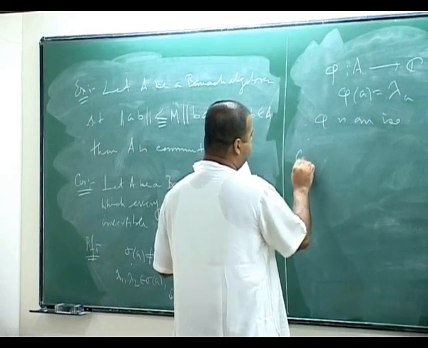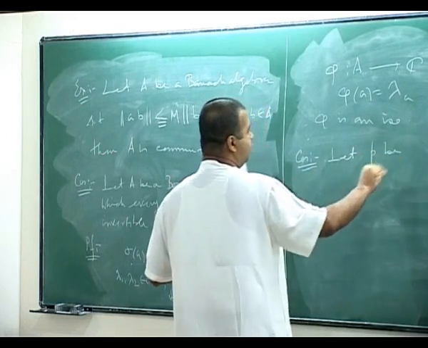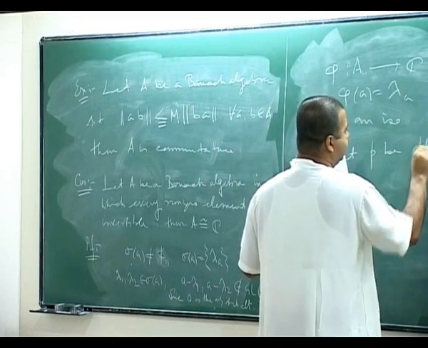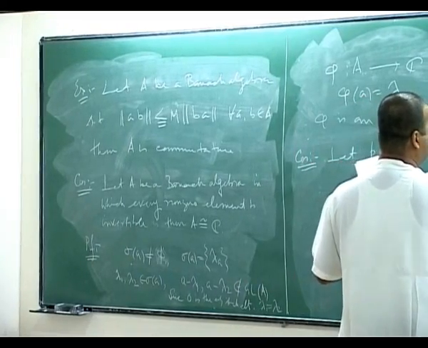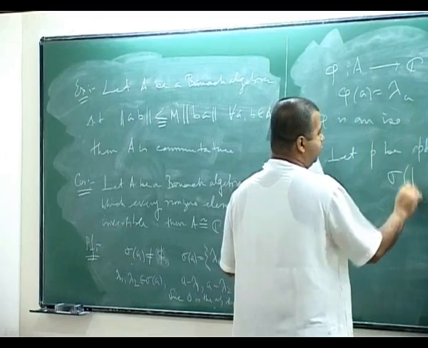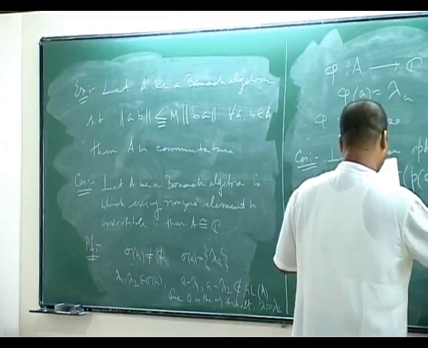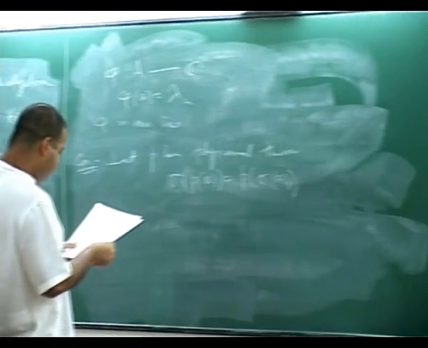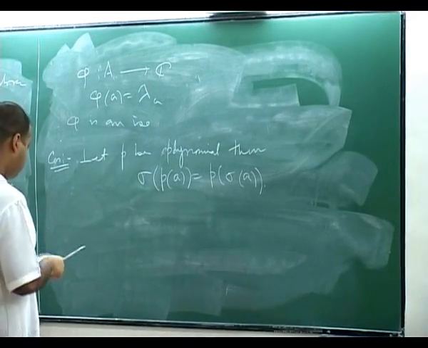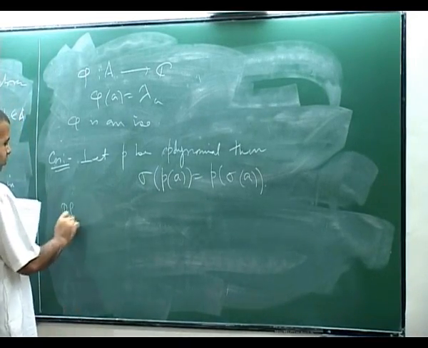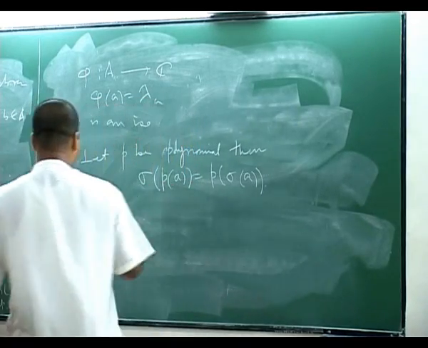Then the second corollary is the following. So that says if I take a polynomial, then the spectrum, so what is P of A?